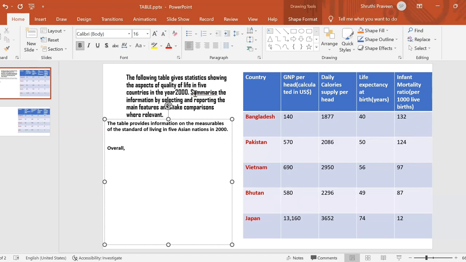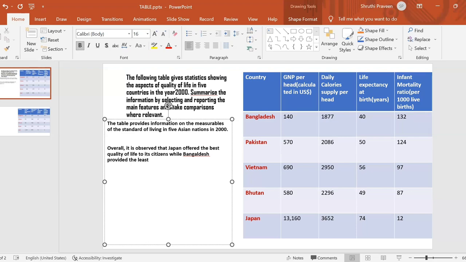Now, since the data is in 2000, we have to write everything in past tense. Overall, it is observed that Japan offered the best quality of life to its citizens, while Bangladesh provided the least.